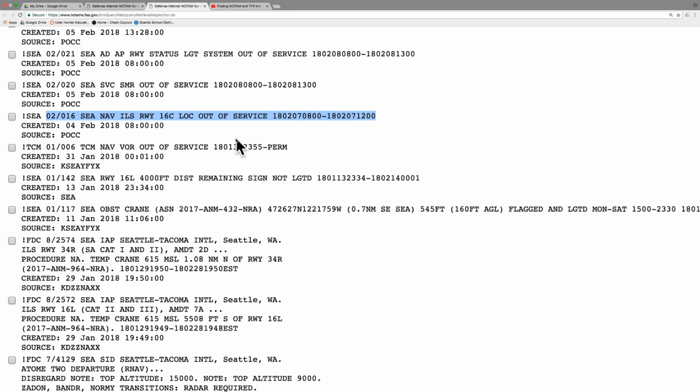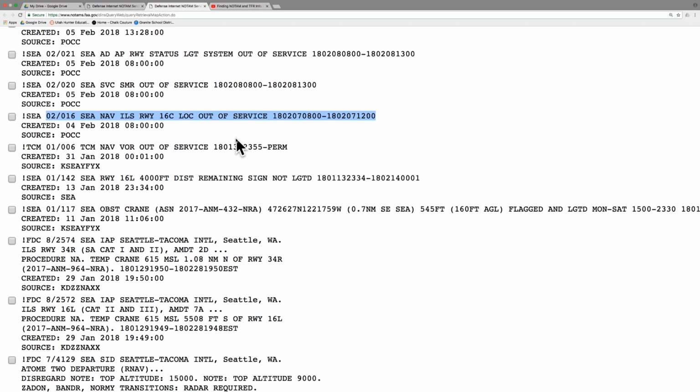Okay. So it's February the 16th, NOTAM. C is going to be our affected area. Where is that at? SEA? Seattle. Seattle, okay. And then the navigation is the ILS, runway 16C. What's the C? That would be the center, if you have a left and right runway, and then a center runway.